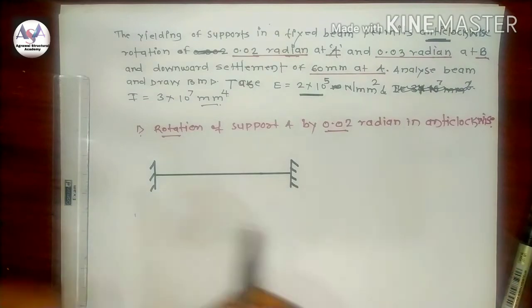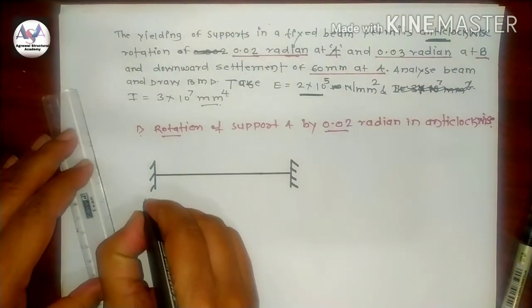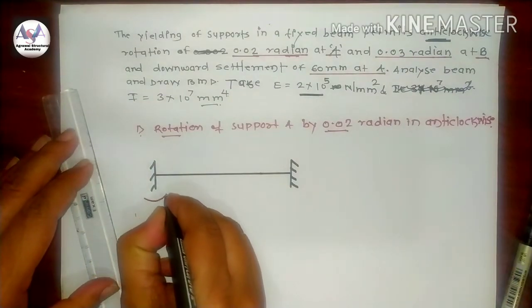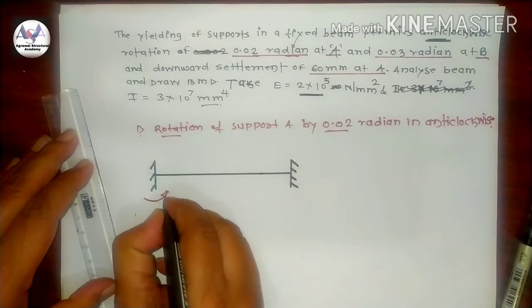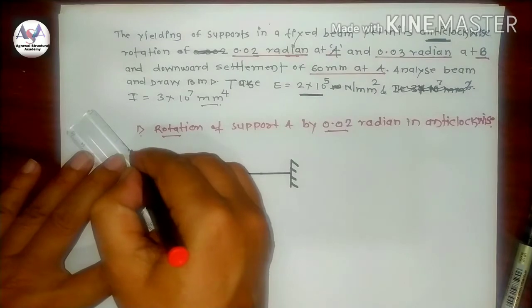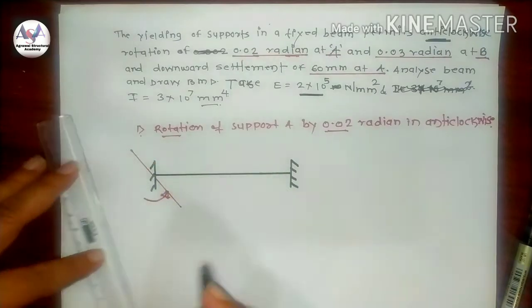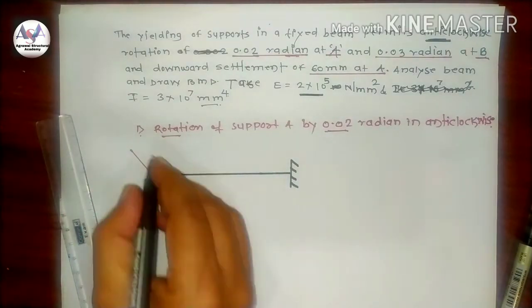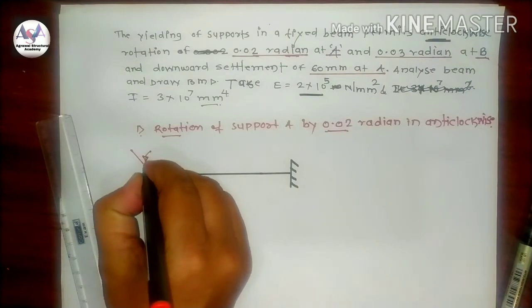Anti-clockwise means in this direction, so the support rotates in the anti-clockwise way, and this angle is 0.02.